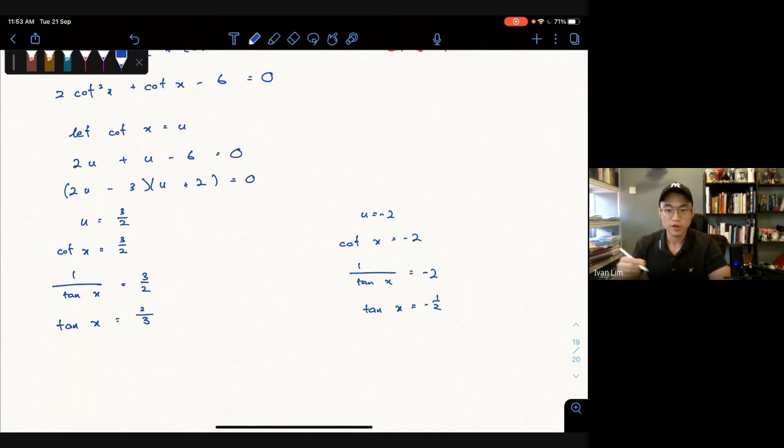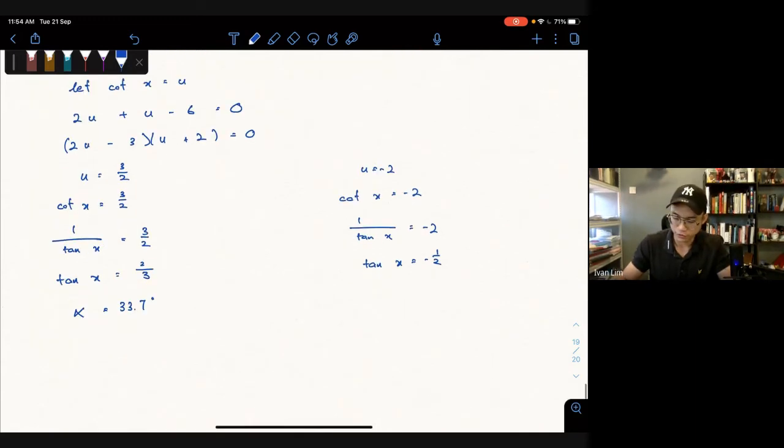First step, find your base angle. So find your alpha. Then you'll use your calculator in terms of degrees. Shift tangent bracket 2 over 3, you'll get 33.7 degrees. After you find your base angle, you draw it out on your ASTC graph.